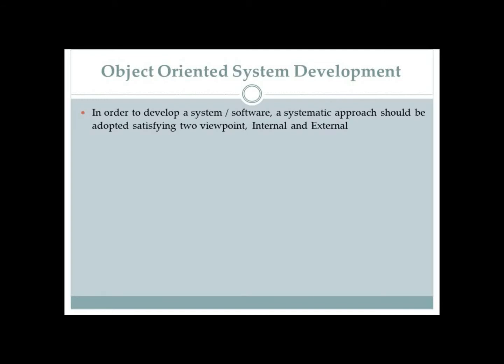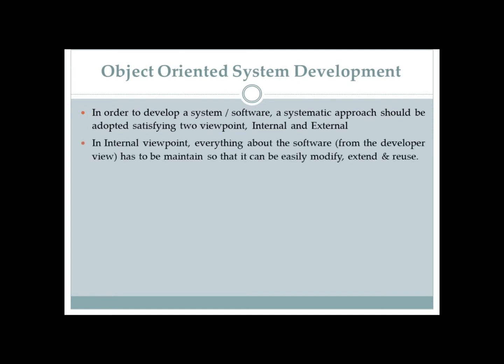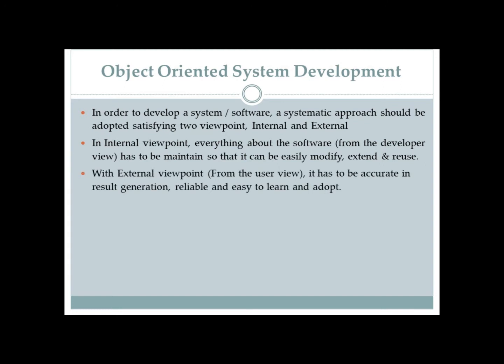In order to develop a system, or we will say a software, a systematic approach should be adopted, satisfying two viewpoints, internal and external. From the internal point of view, we have to consider everything about the software from the developer's view, which has to be maintained so that it can be easily modified, extended and reused.